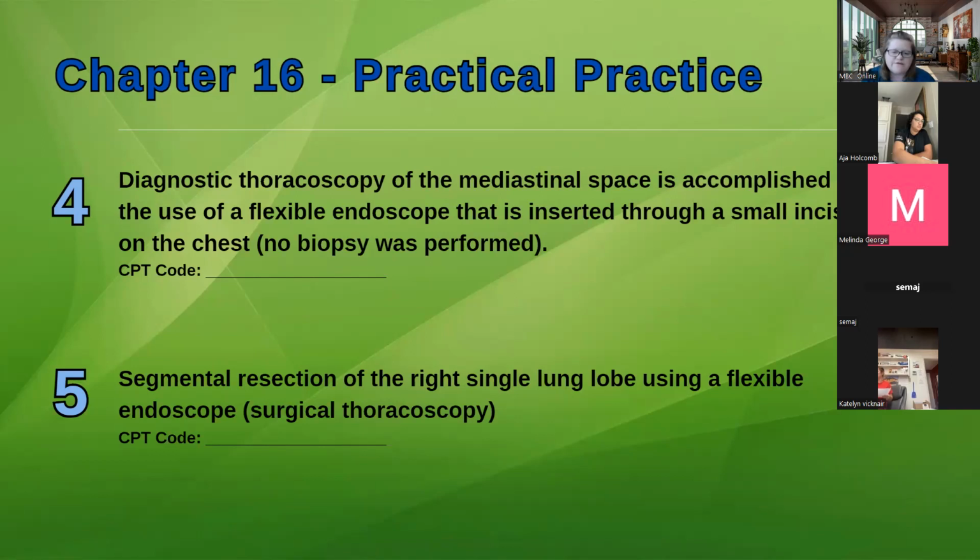All right, so last one. Segmental resection of the right single lung lobe using a flexible endoscope, surgical thoracoscopy. I'm remembering from the one that we just did, we looked up thoracoscopy, same thing, except this one is not diagnostic, it's surgical, and it lets us know that.